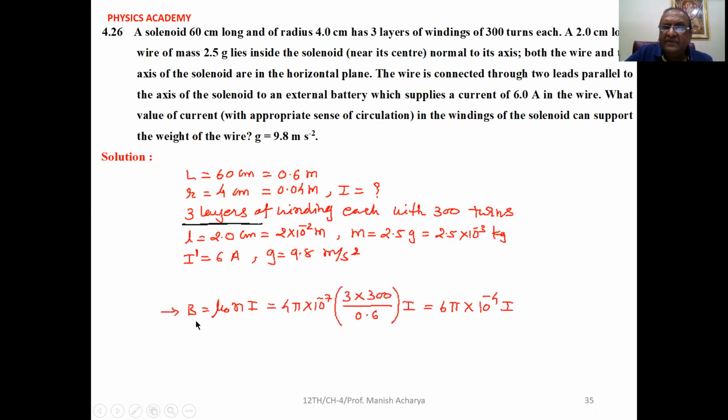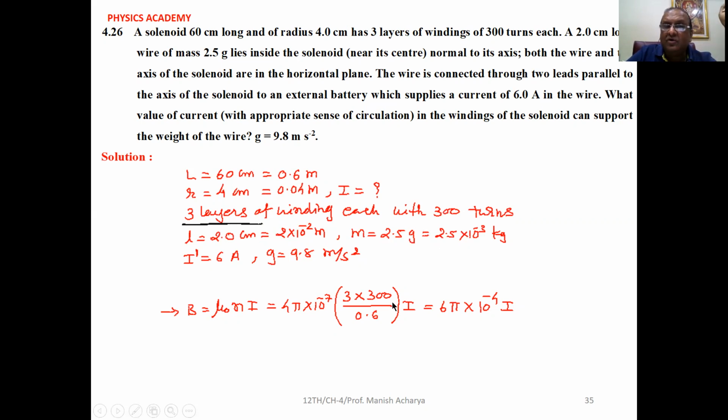Now see, inside the solenoid, the magnetic field produced, that is mu 0 n I. Mu 0, that is 4 pi into 10 raised to minus 7. And n is number of turns per unit length. Here see, total number of turns, that is 3 into 300. 3 layers are there, and in each layer 300 turns are there.